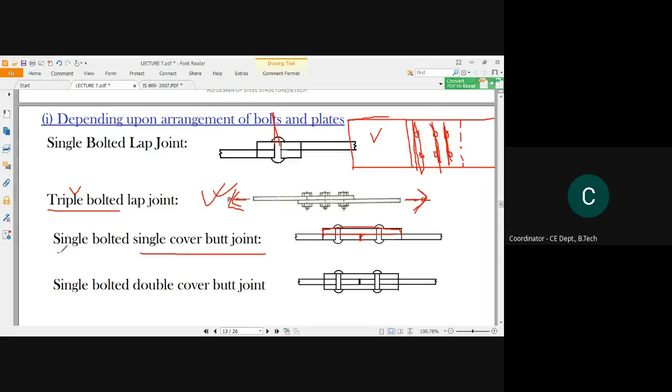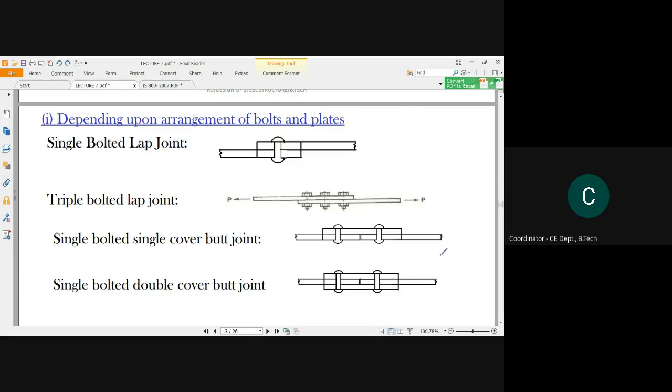And next we come to single bolt. Why is it called single bolt? Because, if I draw this, let me show you. This is the top plate. This is the bottom plate. This is another bottom plate. And this will coincide somewhere in this place, right?